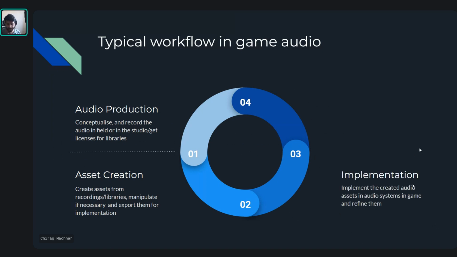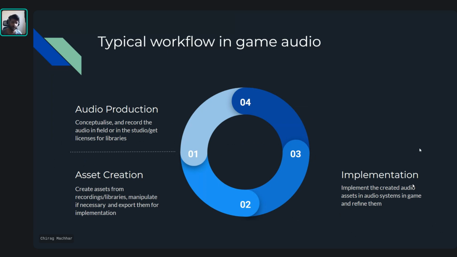Then the third stage is the implementation of these assets. Basically, you're using the created audio assets in audio systems that you've created in the game, and you're refining them through your implementation.